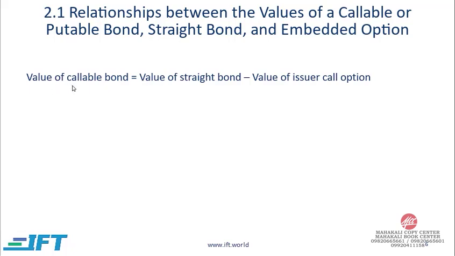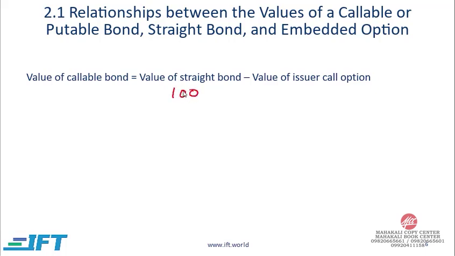Consider a callable bond. The value of a callable bond is equal to the value of a straight bond minus the value of the issuer call option. The idea here is straightforward. Consider a 5-year default-free bond with no embedded options. So that is, let's say, a straight bond, and say the value of that straight bond is 100.